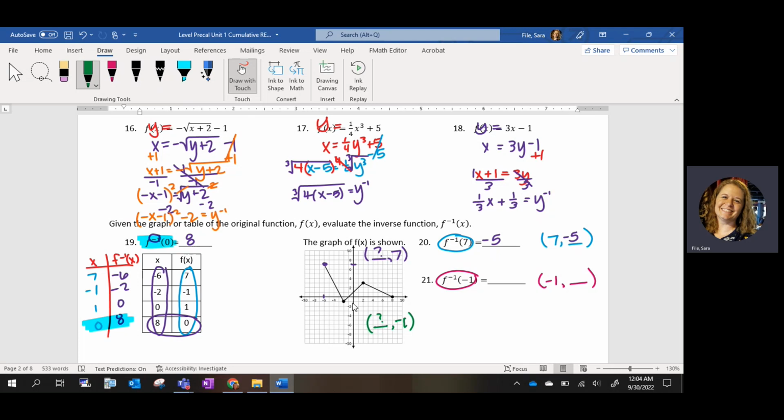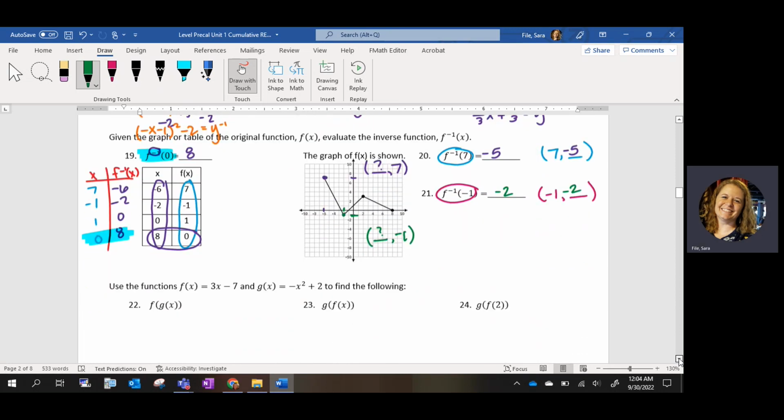So when the y value is -1, that's here. So here's the point on your graph, and you are at -2. So on the inverse function, there would be a point at -1, -2, because on the parent function, there's a point at -2, -1. All right, we're getting there.